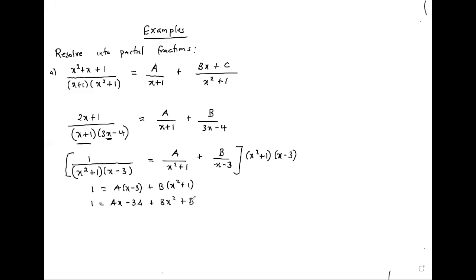We only have one x here and there's no x on the left.